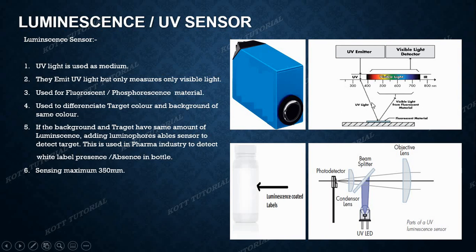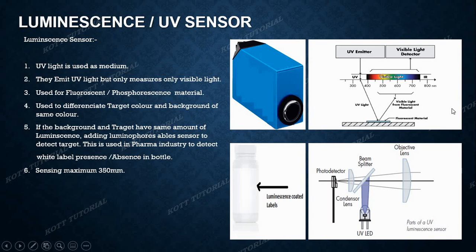Meaning UV light incident on a fluorescent material will not reflect UV light, it will always reflect visible light, and this visible light spectrum, VIBGYOR, is detected by the detector. So this is the actual working principle of a UV sensor. It emits UV light, but the reflected light is always visible light, which is detected by a detector inside the UV sensor.